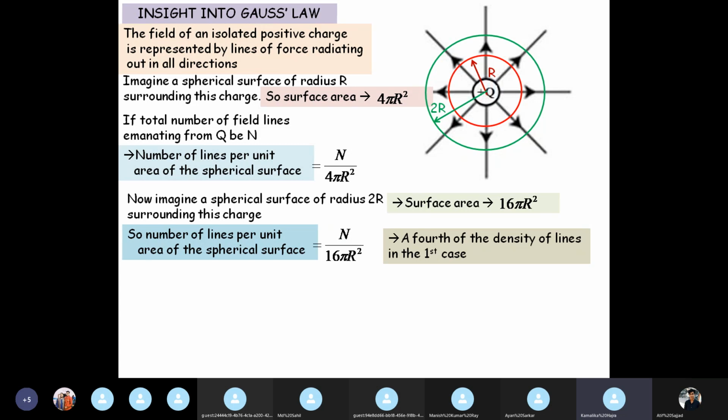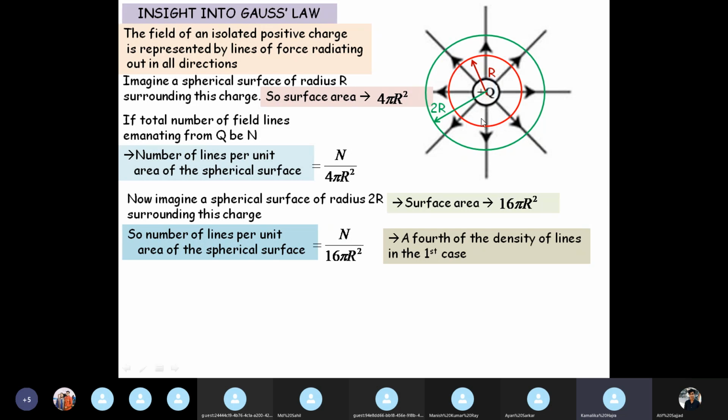What does the density of lines of force indicate? The strength of the electric field. So as you move further away from the charge, the strength of the electric field decreases, although you are still calculating the strength for the same charge Q.